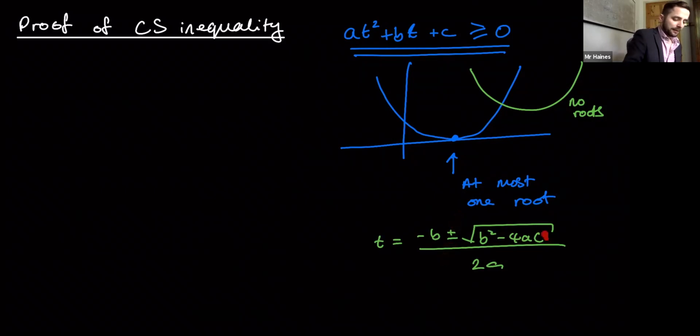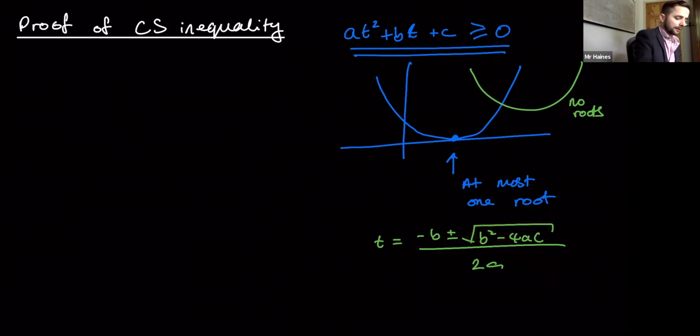So if b squared minus 4ac is a positive number, then it means we can have either the positive or the negative square root, which means we would have two solutions. So in order to have one solution, b squared minus 4ac would have to be 0. And in order to have no solutions, b squared minus 4ac would have to be negative, because we can't square root a negative number.